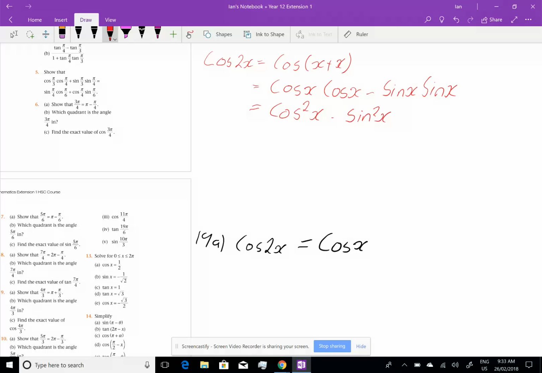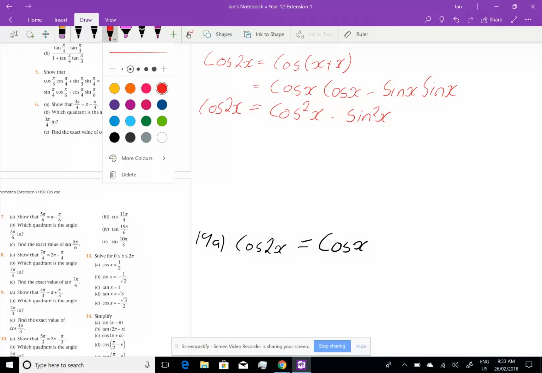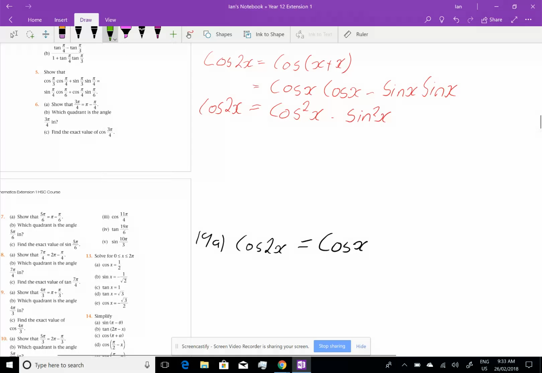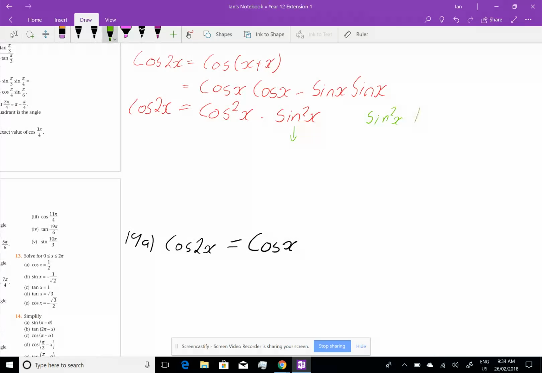It's still not exactly how I want it, because I want it in terms of just cos. So what I'm going to do now is rewrite sine squared x. Well, I know that sine squared x plus cos squared x equals 1.